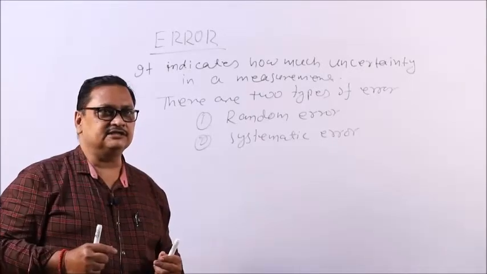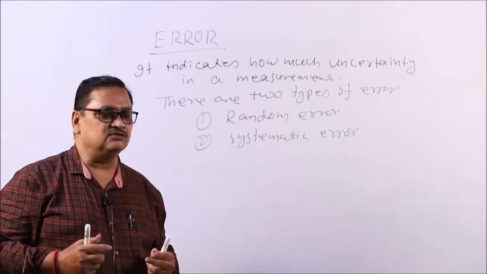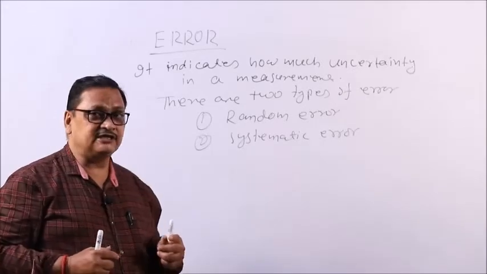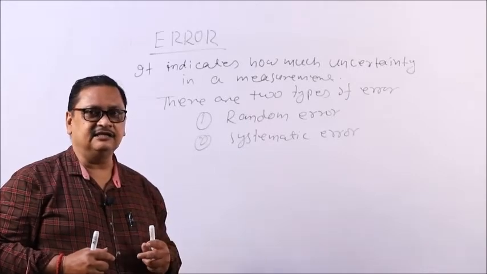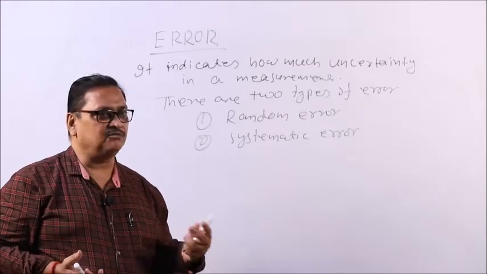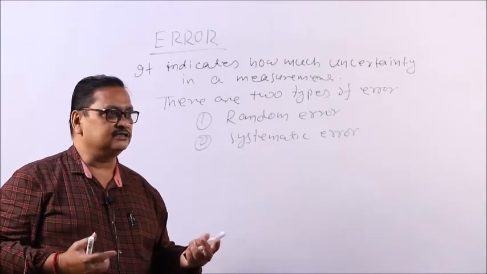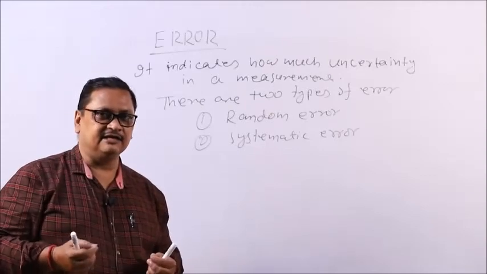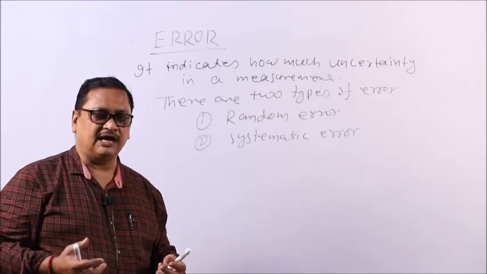Suppose in summer that may be 36 degree Celsius, in winter that is 22 degree Celsius or 20 degree Celsius, but the condition is that the experiment should operate at 30 degree Celsius. So, whatever reading we are getting, that is wrong. This type of error is known as random error.